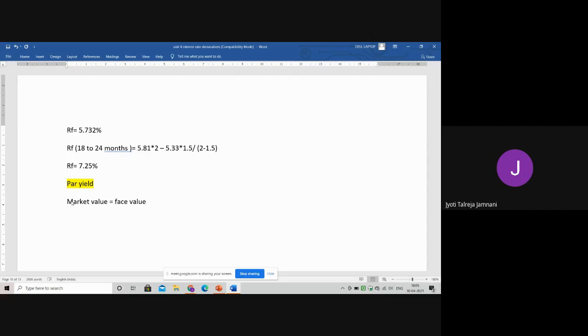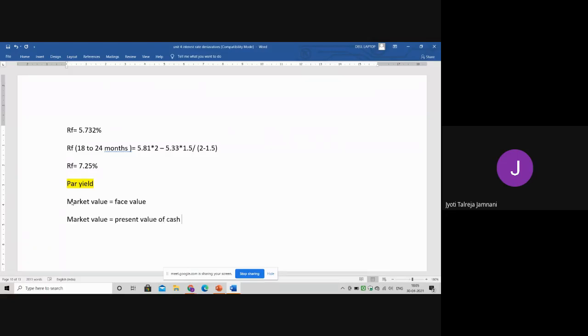Market value, what are we going to take? Market value we are going to take as the present value of cash flows.